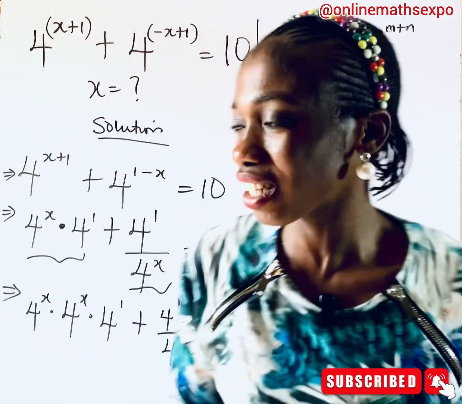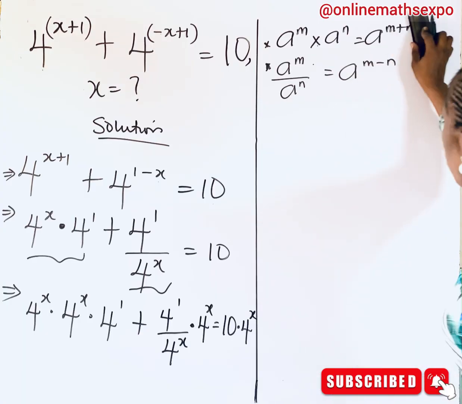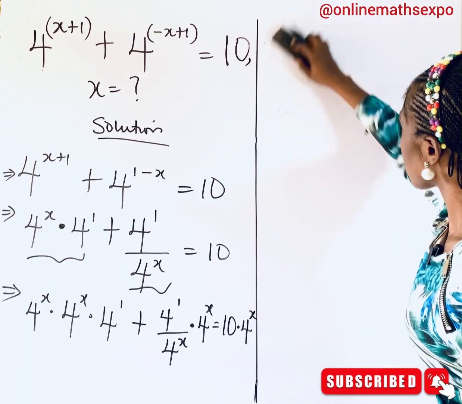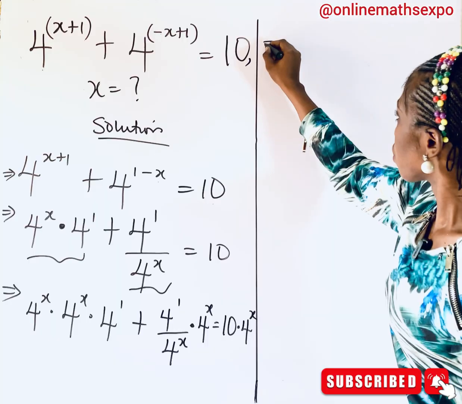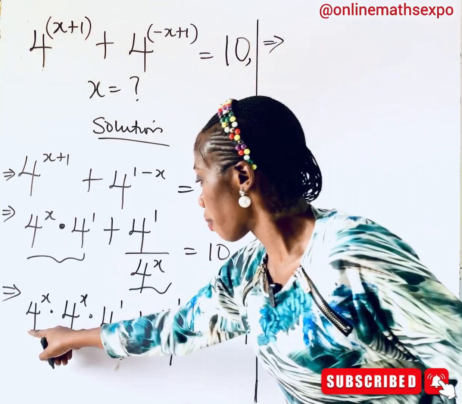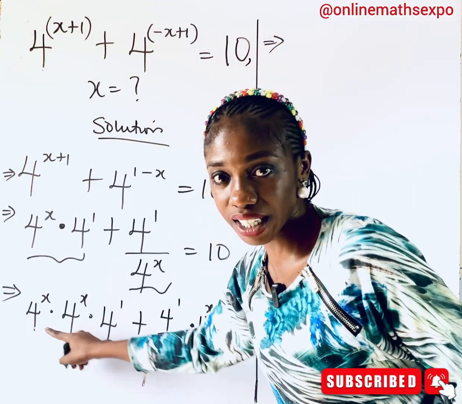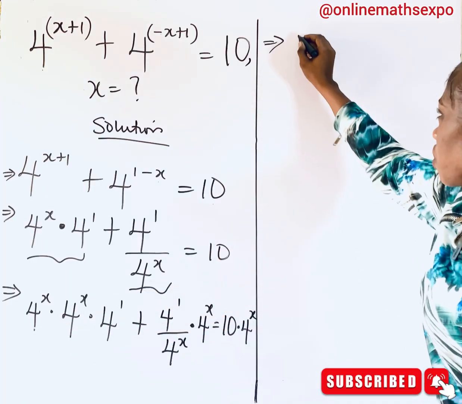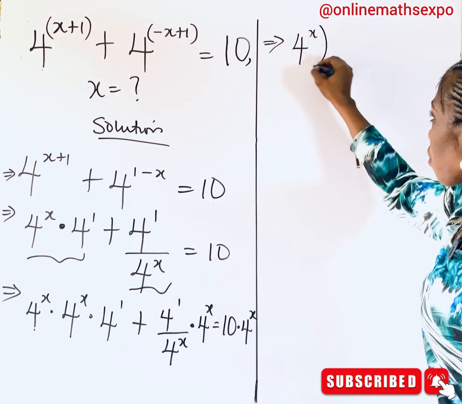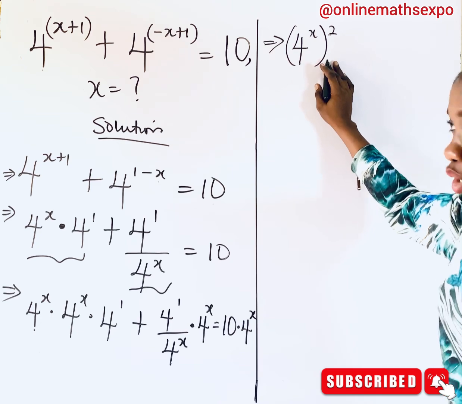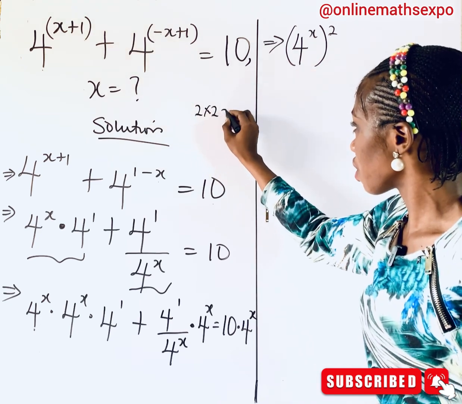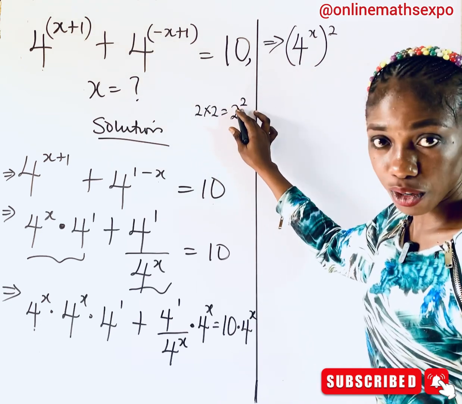So we simplify this now. And to do that, you will notice that 4 to the power of x is 2, multiplying each other. So in that case, we can just simply say 4 to the power of x raised to power of 2, because 2 times 2 is 2 raised to power 2. I hope this is clear.